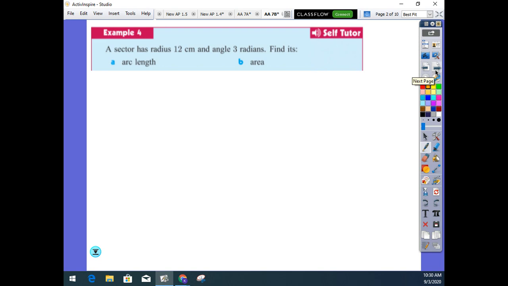Okay. So this is in radians, so make sure you're using your radian formula. Check and see if that's in your formula booklet, because that might be handy. So arc length is just the angle times radius. The angle is in radians, 3 times 12 is 36. And arc length is just a singular unit, just use centimeters.